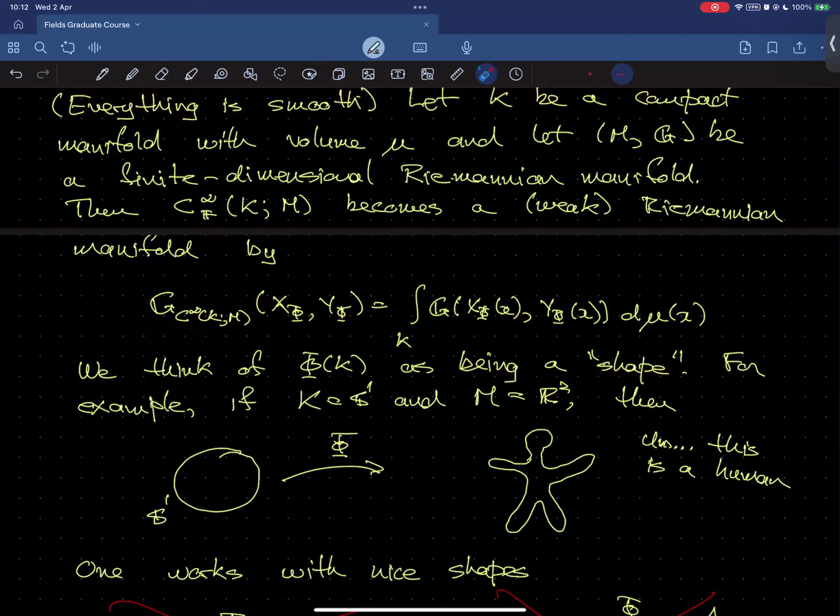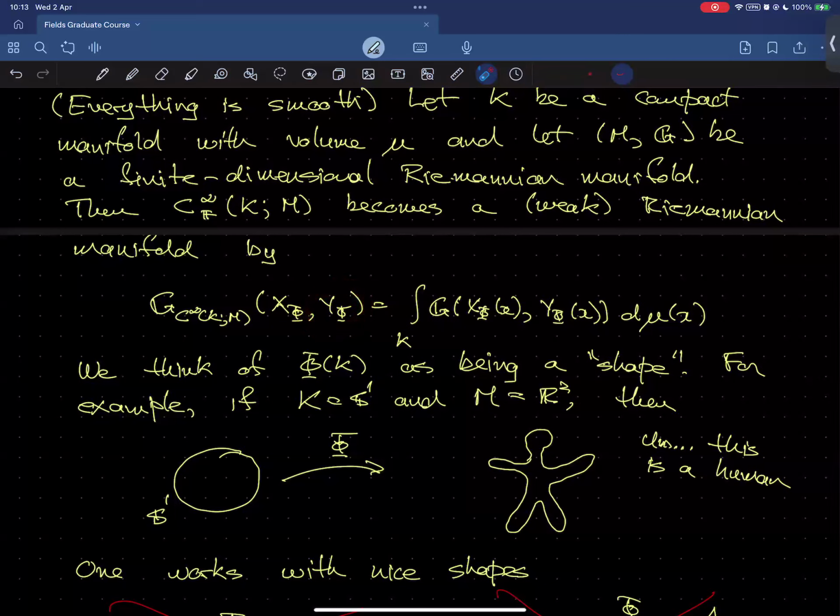And so what does a Riemannian metric do? It takes tangent vectors at a point and takes their inner product. So here's what I take: tangent vectors x sub phi and y sub phi. So these are tangent vectors at the mapping phi. And so now if I evaluate x phi at x and y phi at x, these are both in the tangent space at phi of x of M, right?